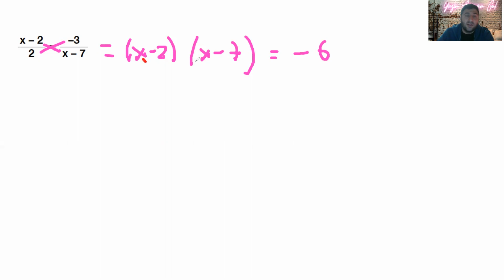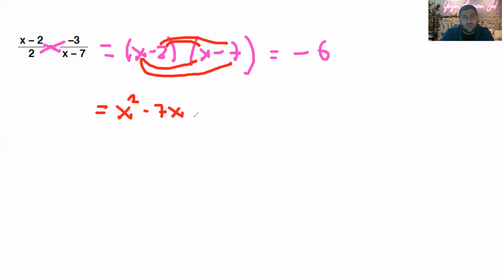But here, now we just need to work this out. We can say x times x times 7. You see negative 2 times x, negative 2 times 7. Okay, then it will be what? X times x will be x squared, right? And then x times negative 7 will be negative 7x.